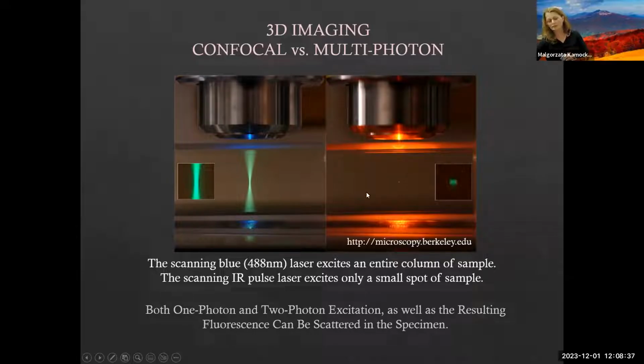Only at that particular spot is there enough concentration of photons to cause excitation, and we need 2 photons of lower energy, lower frequency, instead of one of higher energy, to cause excitation. Both 1 photon and 2 photon excitation don't eliminate light scattering, so there is still an issue of imaging deep into the tissue.